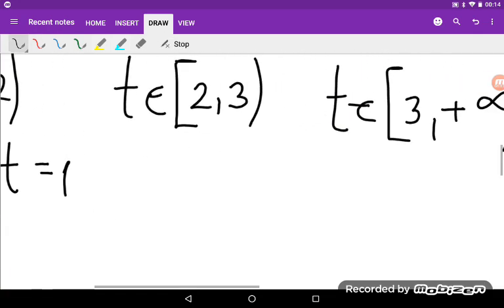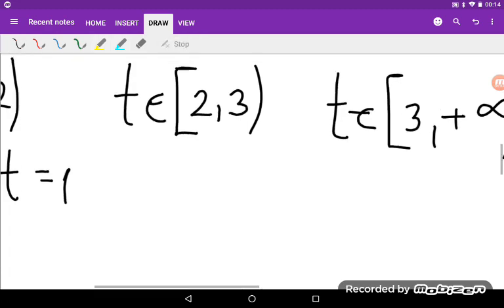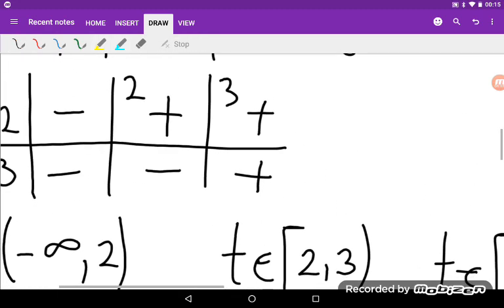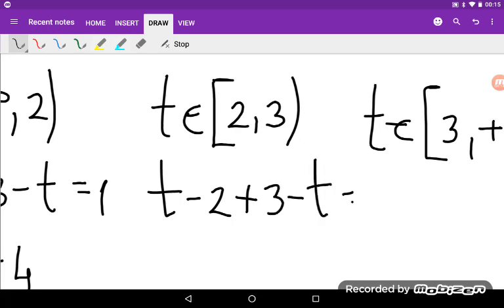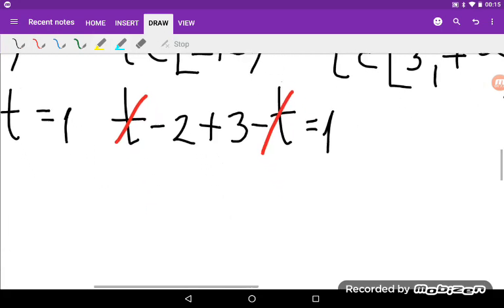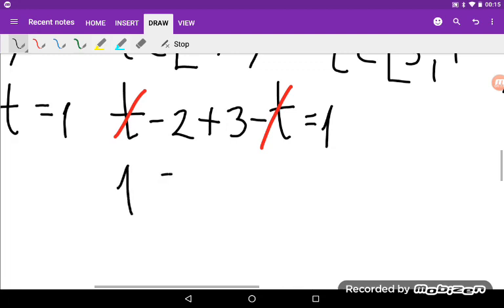Now in the second case I have plus and minus, so that will be t minus 2 plus 3 minus t is equal to 1. So now I can cancel plus t and minus t, and I have 1 is equal to 1.